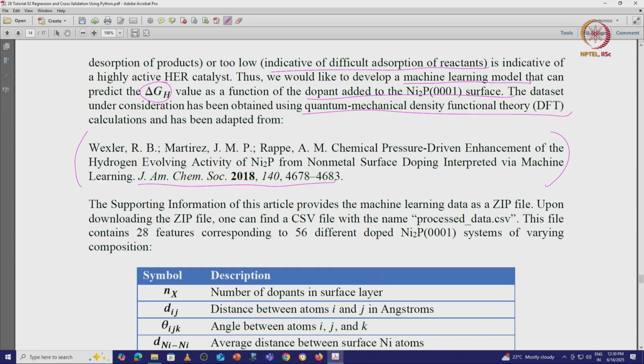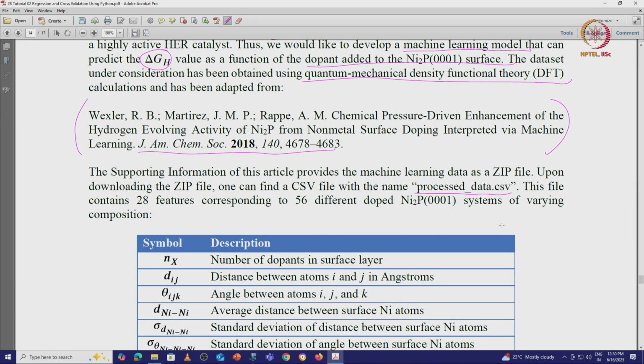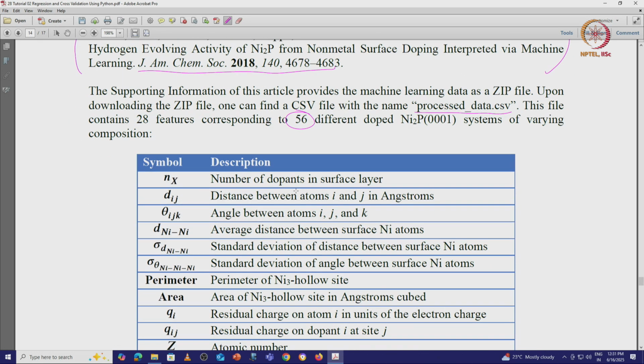You can obtain this data by opening this paper in your browser and downloading the supporting information of the article from the journal website, which gives you a zip file wherein there is a CSV file called processdata.csv. This file contains 28 features corresponding to 56 different doped systems of varying composition. So it's a small data set.